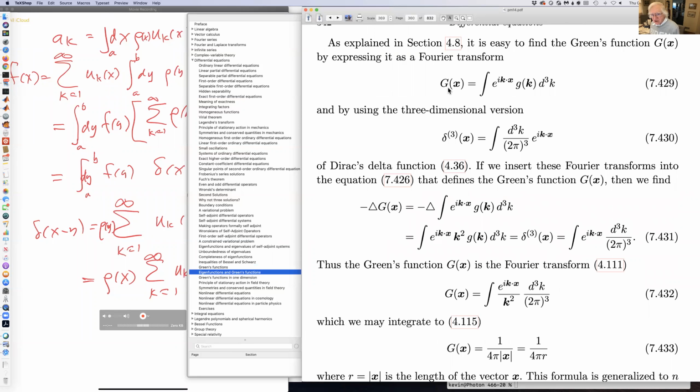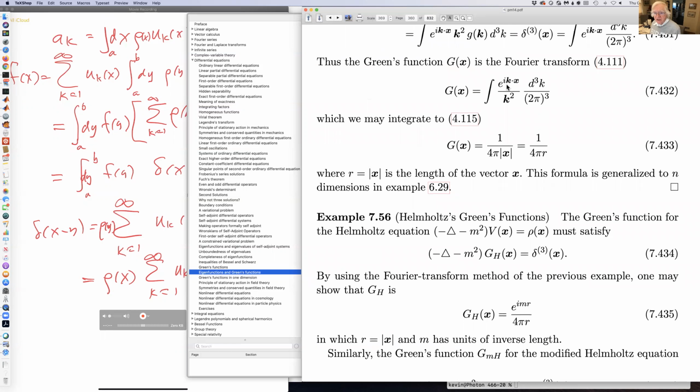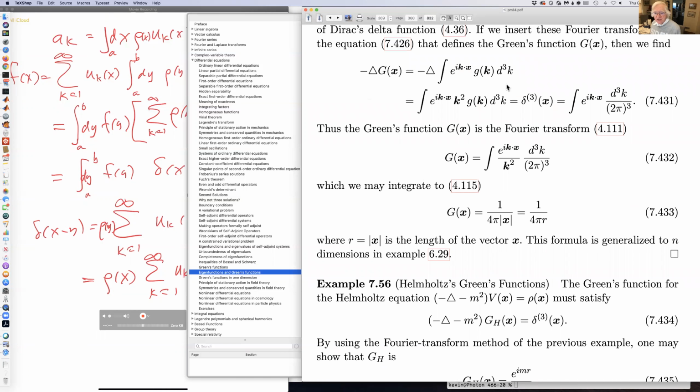You hit G with L, and when the L hits G, it just differentiates the exponential, so you get something that's basically big G of ik. And that tells you that the Green's function G of x is basically e to the i k x d cubed k over 2 pi cubed, and you're dividing by big G of ik.